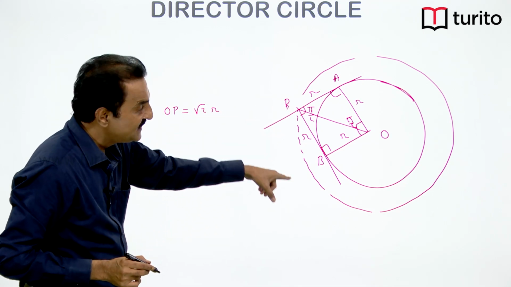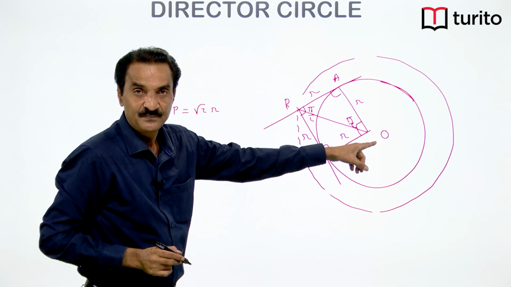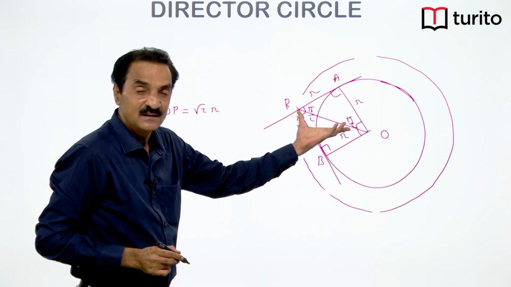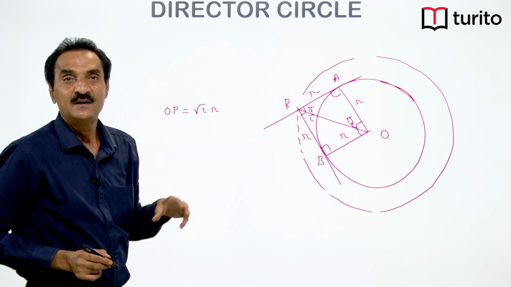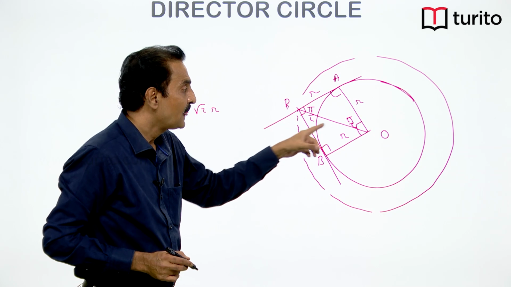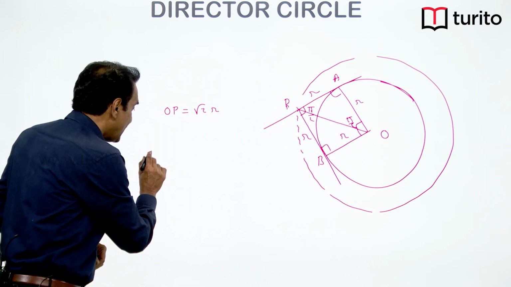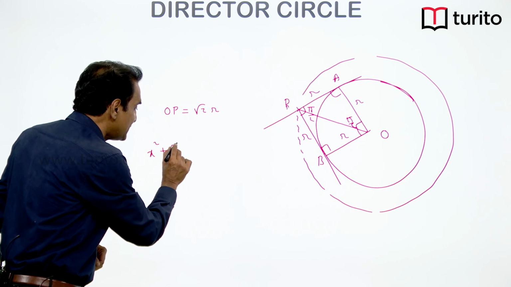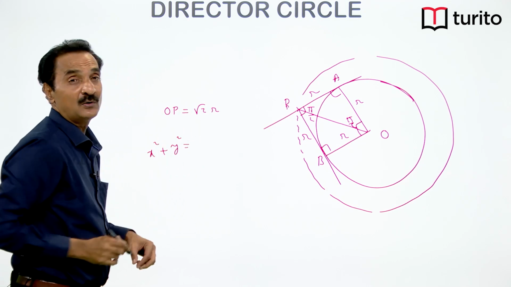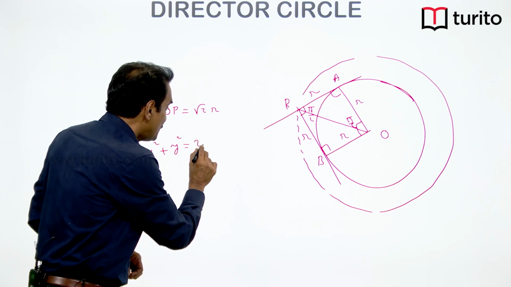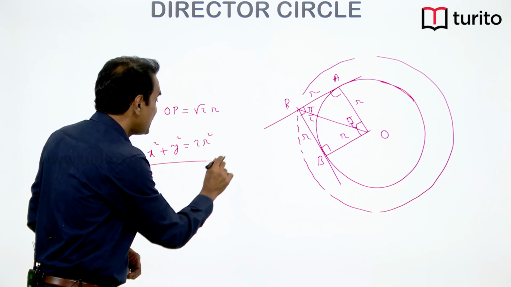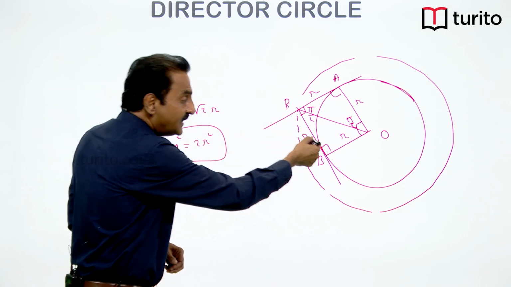So, the path of P is a circle with center origin and radius of the circle OP, which is equal to root 2 r. So, what is the equation of the circle with center origin and radius root 2 r? We find x square plus y square is equal to root 2 r whole square, that is 2 r square. This is called the director circle of this circle.